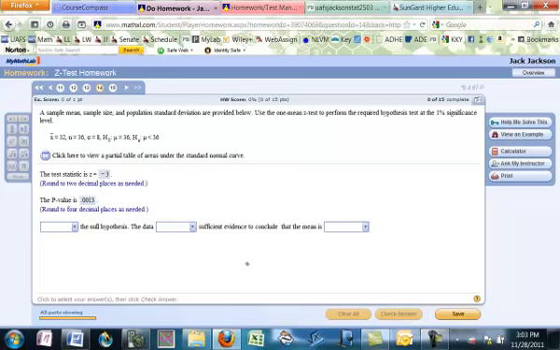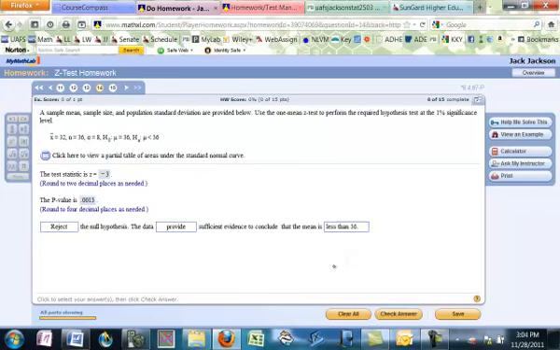Let's see what this says. Reject or not? In this case, the p-value is less than alpha, so we do reject the null hypothesis in favor of the alternative. In other words, the data provides sufficient evidence to conclude that the mean is less than 36.